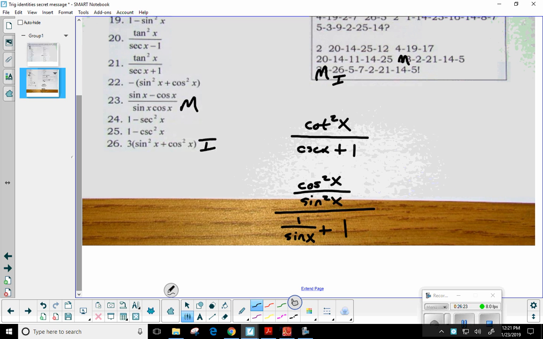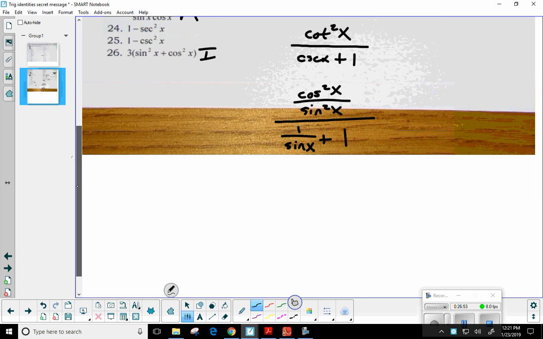So my thinking here on this other idea would be to combine 1 over sine and 1 into one fraction and then multiply by its reciprocal. Okay. Personally, I'm kind of thinking of the two, this might be easier, but I will do whatever you guys would like. You think this one would be the best way to go? Yeah. Okay. All right. Well, let's continue.